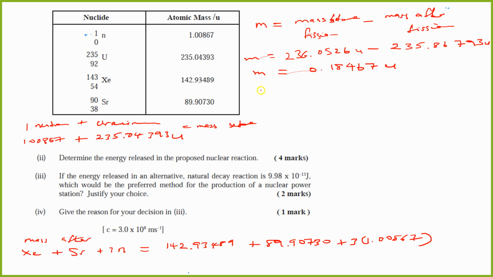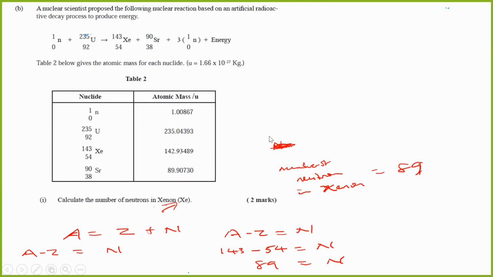I get that the mass is equal to 0.18467 U. And remember now that we have to convert this mass into kilograms in order for us to use the energy equation. So we're taking the 0.18467, and we're going to multiply that now by what U represents.